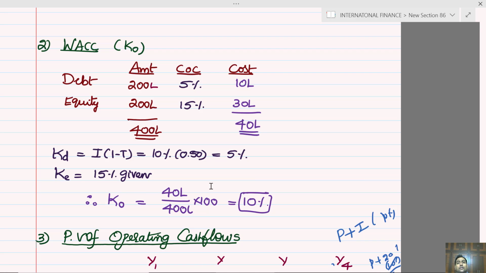But you are saying that, yeah, I am getting 200 lakhs from the lenders. I need only 5% to compensate them. Yes, exactly correct. You are already aware of the concept called leverage. When you are borrowing money, inherently you have financial risk.